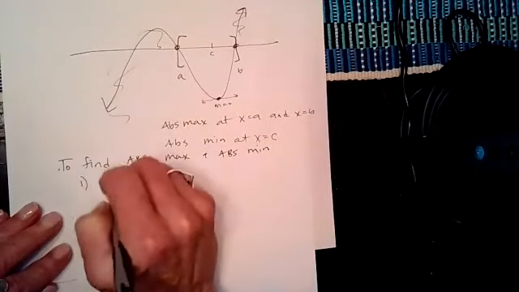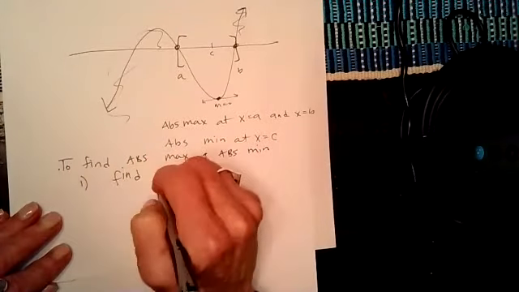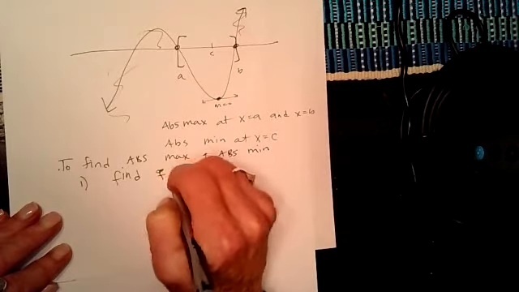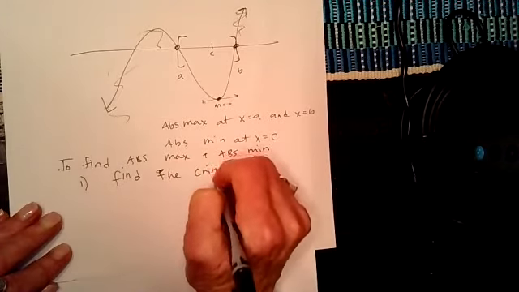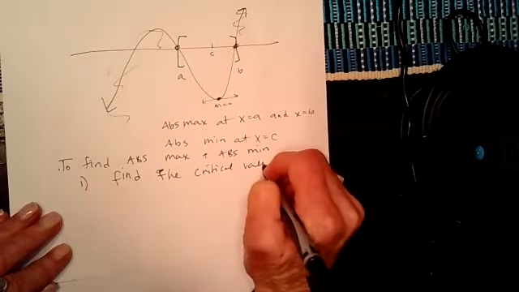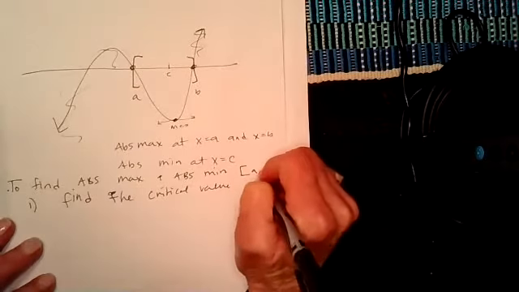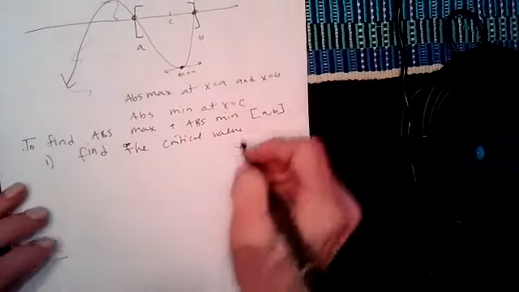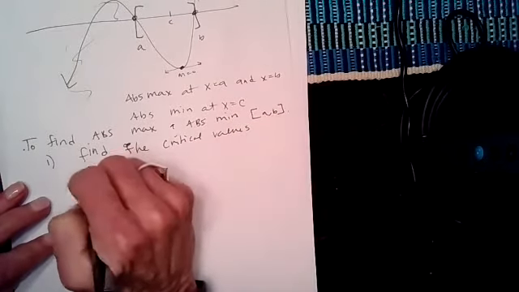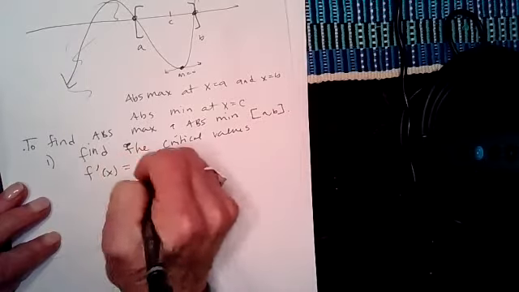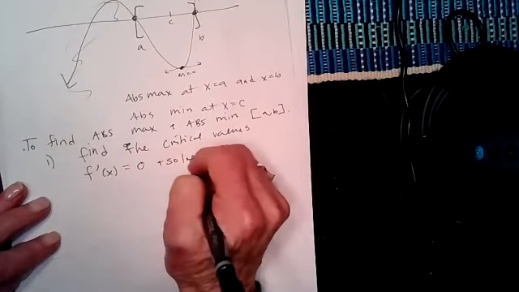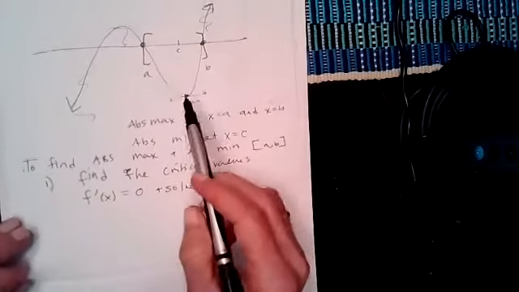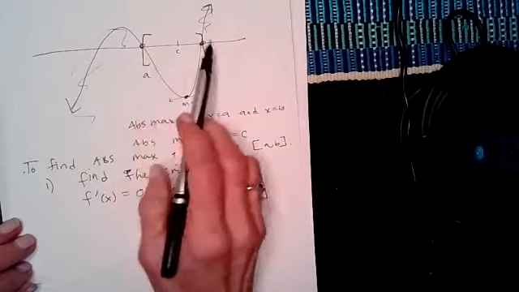The first thing we're going to do is find the critical values, remembering this is on a closed interval A, B. You set f prime of x equal to 0 and solve for x. An absolute max or min can occur at a critical value or at an endpoint.